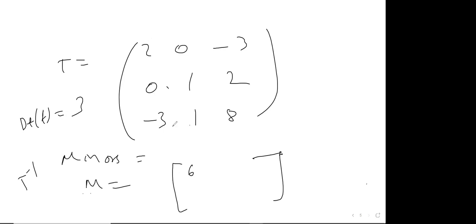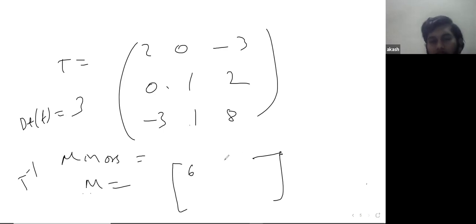Then tell me the answers. For 2, the minor is 1, 2, and 1, 8. I have to just cross multiply them. Yeah, right. So tell me the minor matrix completely, all the elements. What should I write here?